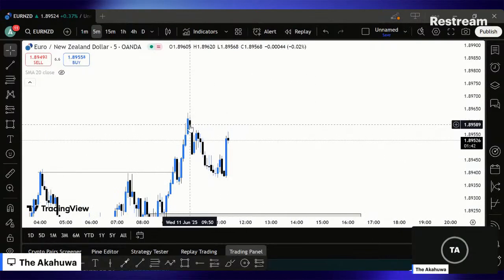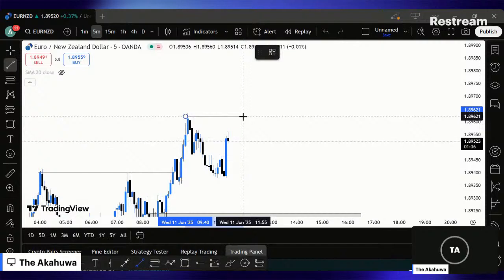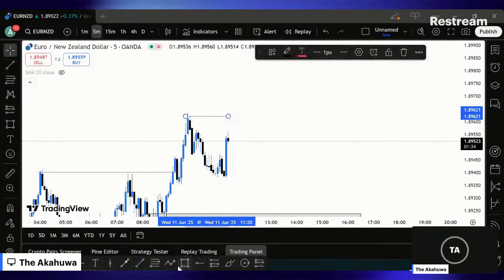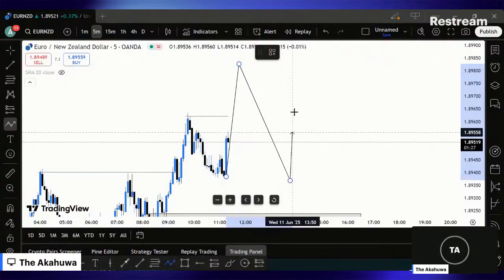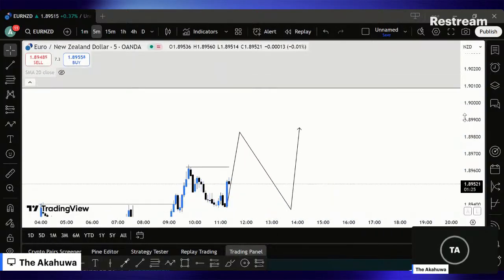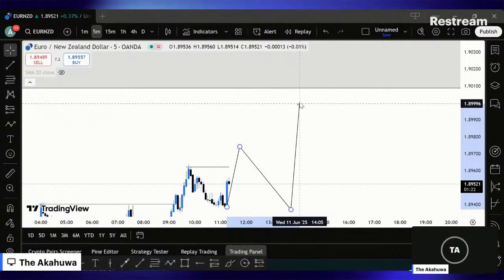But if the market keeps going up and we have this broken, then what we can potentially be looking out for is this structure break, then come back to it, then we can buy to the upside here.